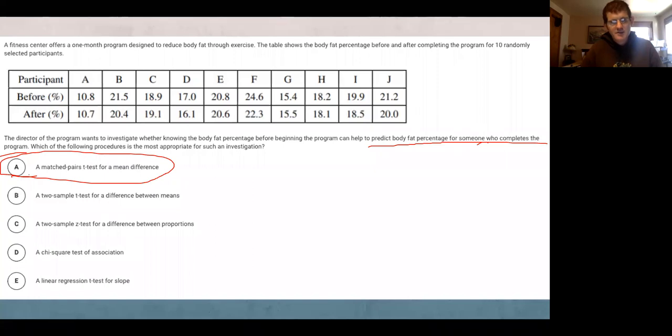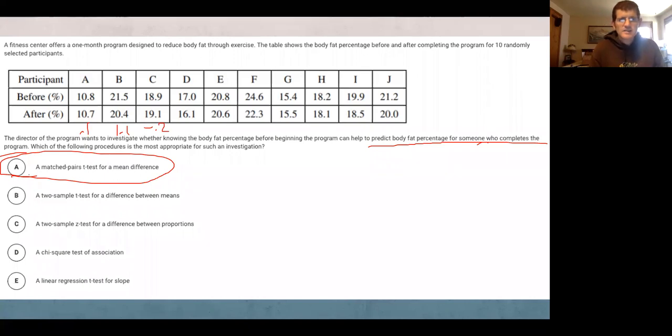Then a matched pairs t-test is a great way of checking that. And we could do all this math. We could figure out the 0.1. We got 1.1. These differences right here, that should be a negative 0.2 right there. So anyways, you could do a matched pairs t-test if it was asking, is this program effective?